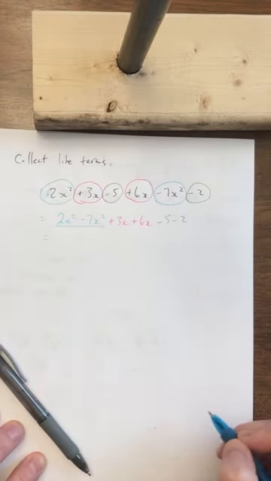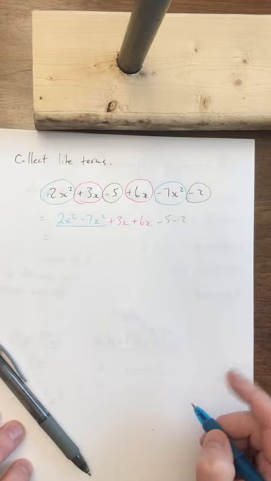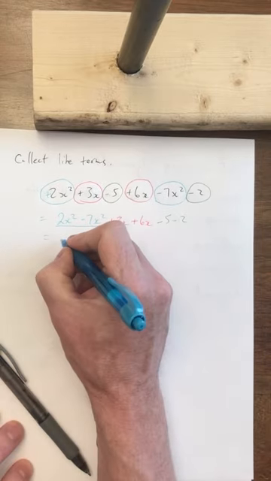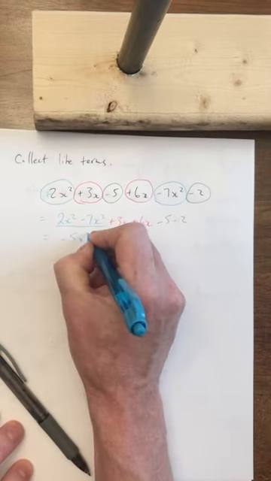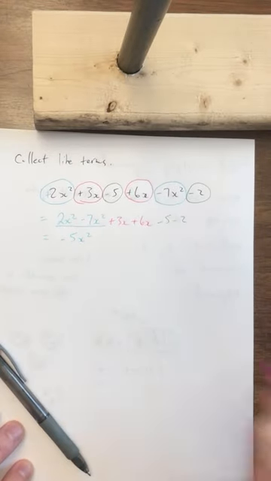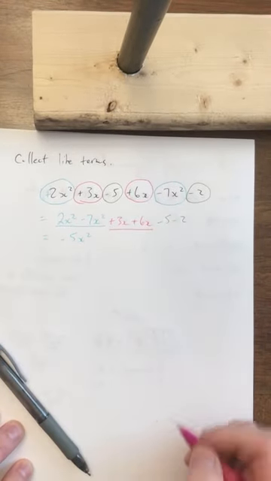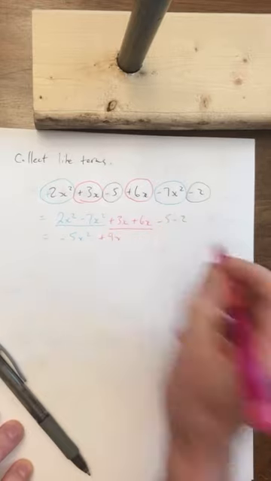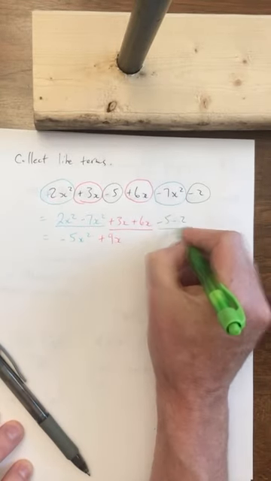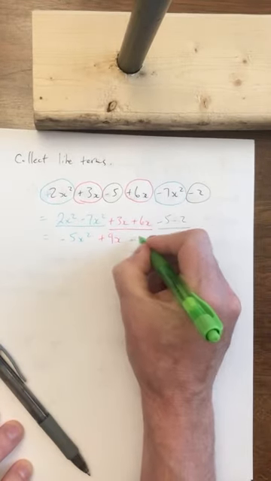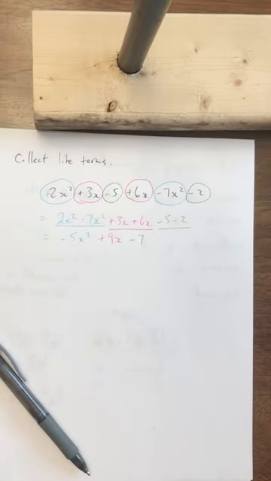I can take 2x squareds, subtract 7x squareds, and that would leave me with minus 5x squareds. 3x's and 6x's altogether, that's 9x's. And minus 5 minus 2 more is minus 7. So fairly easy and straightforward, I hope.